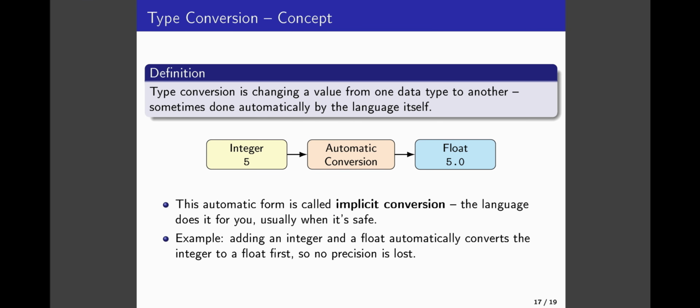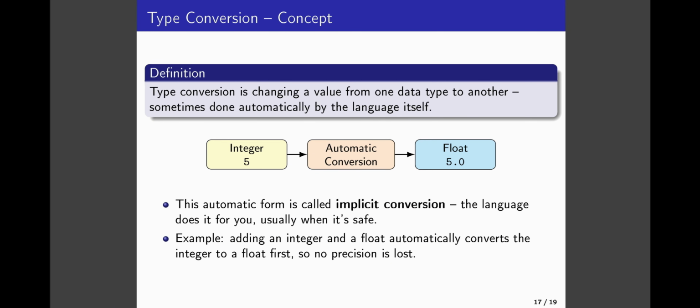Then we have type conversion. What happens when data needs to move between different types? Type conversion is changing a value from one data type to another, sometimes done automatically by the language itself. We start with an integer 5.